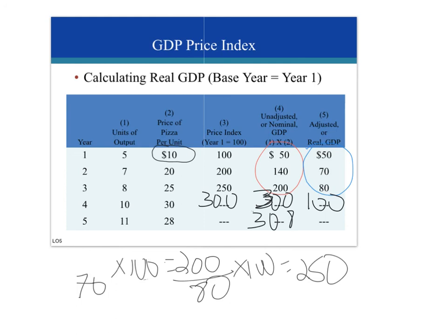And that is 110 for real GDP. Okay, so 308 divided by 110 gives us 2.8 times 100, and we have 280 over here. Let me fix this 8. Okay.